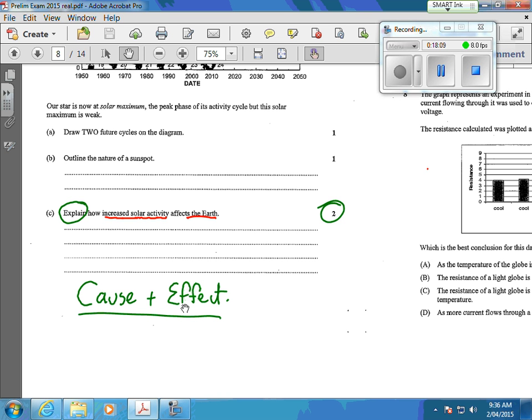Most people did that reasonably well. So you might say, increased solar activity, increased solar wind hitting the ionosphere, which may cause the northern lights or the aurora borealis or whatever it is. Increased solar activity causes a stream of highly charged particles which can interfere with the electronics on satellites.